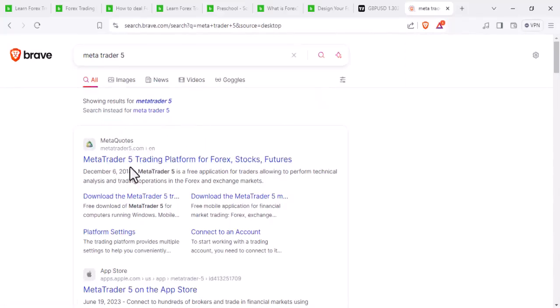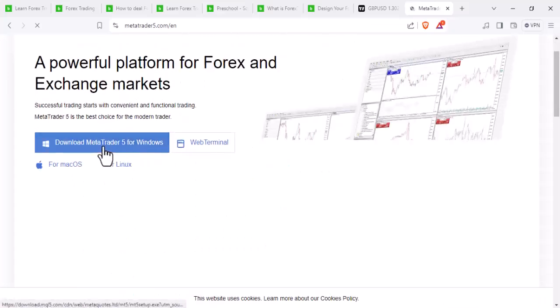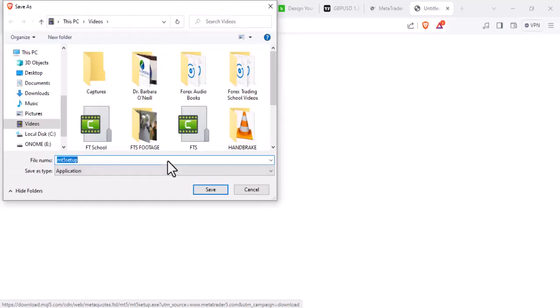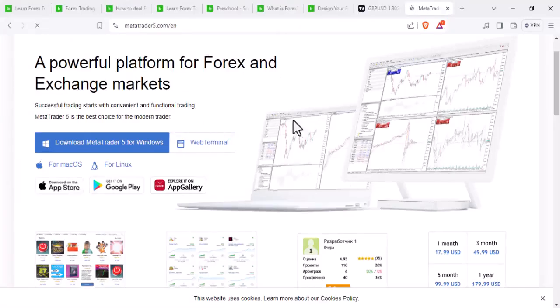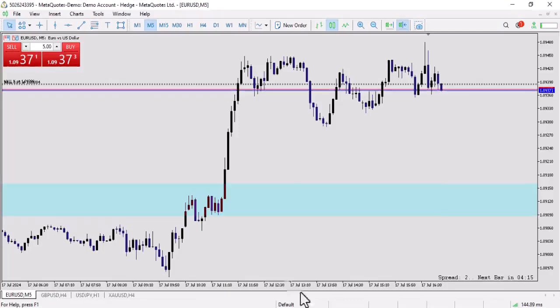You just come here and click on MetaTrader 5. It will take us to the website, and then you can see download MetaTrader 5. So this is just it. Download and run it on your laptop, and you are good to go. You will have MetaTrader 5 opened up like this. We're already in profit in this account history we just took.